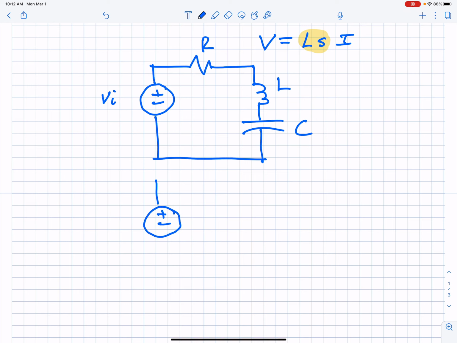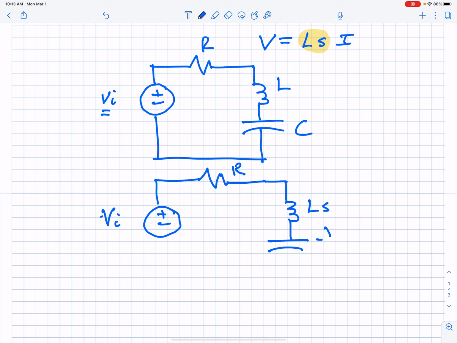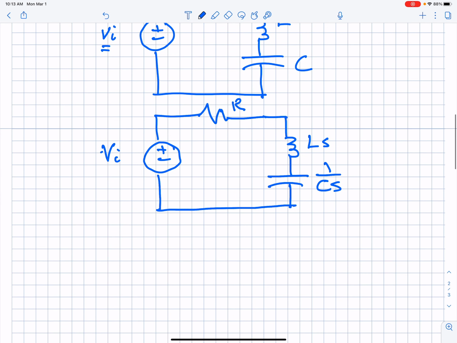Okay, so the Laplace transform of v_i would be capital V_i of S. The transform of a resistor R, resistors stay resistors in the Laplace domain. Okay, and then the inductor becomes LS, and the capacitor becomes 1 over CS. Okay, so that's what the circuit looks like. And now you can do circuit analysis just like you did before with purely resistors. Okay, so that's where we'll pick it up on the next video.